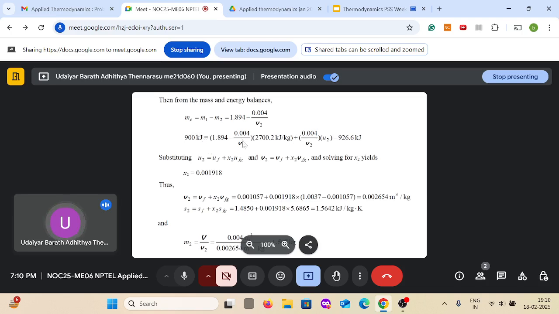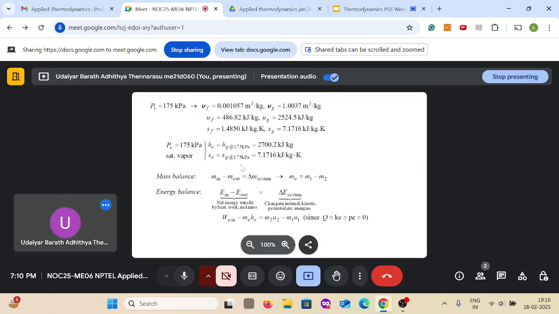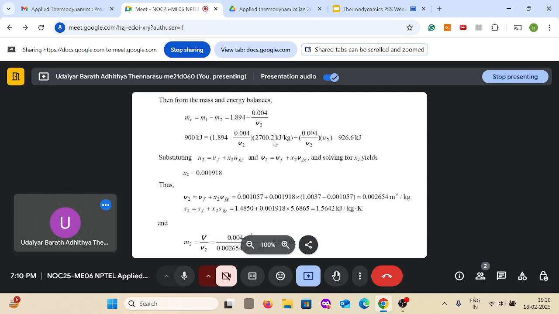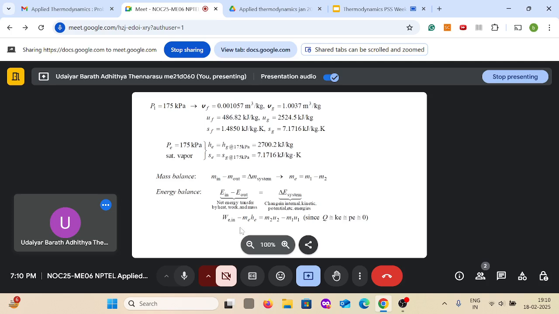Substituting it in the mass balance and energy balance expressions, this is what we get. W_e is 900 kilojoules and m_e is the mass exiting, m1 minus m2, and h_e is my saturated vapor enthalpy, and m2 u2 minus m1 u1.